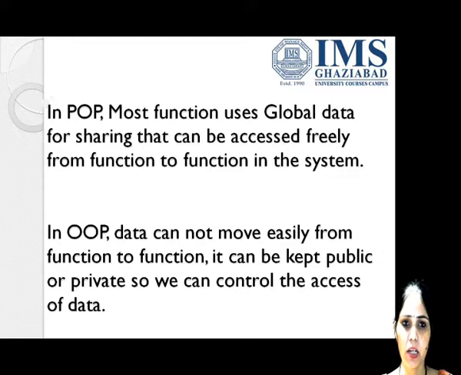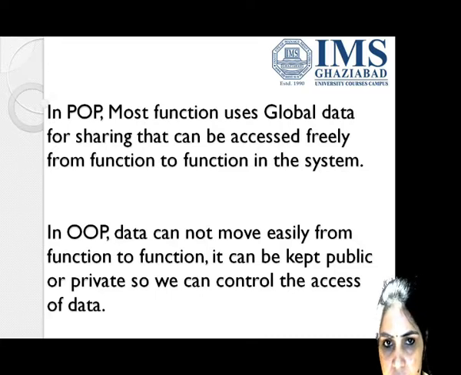In POP, most functions use global data, which can be accessed freely from function to function in the system. Since a number of functions are using the same data, the data needs to be kept in the global section, and once any data is in the global section, that means it is accessible to each and every person.